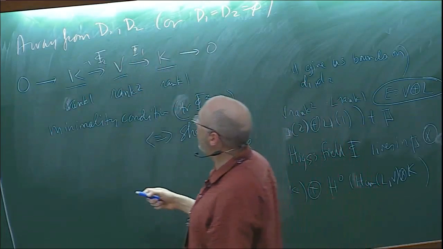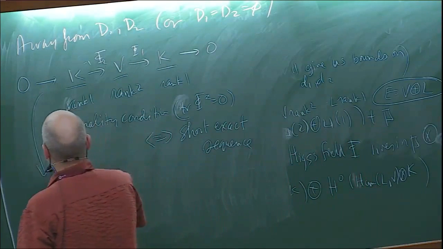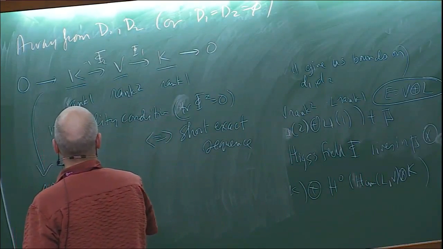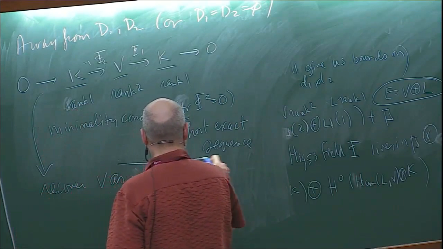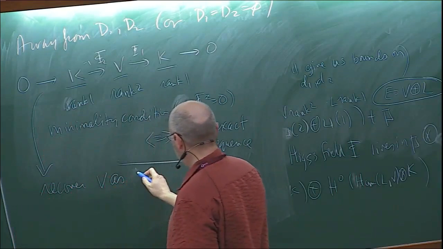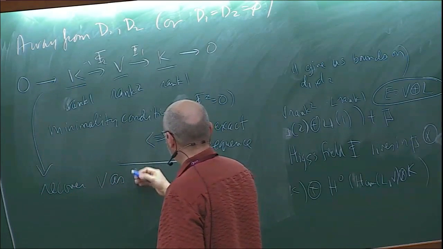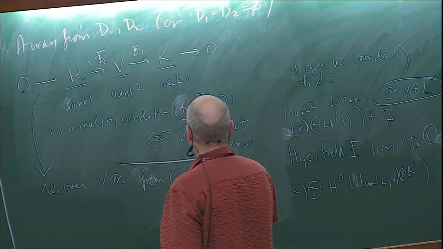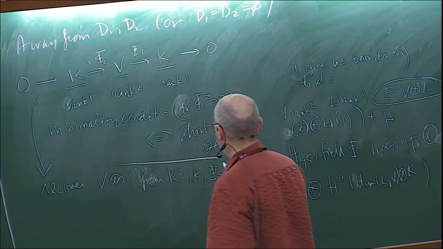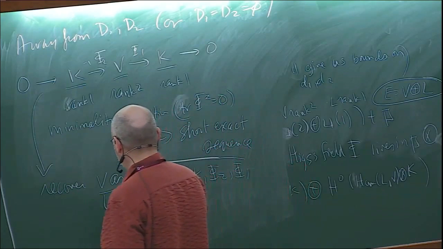And then therefore, we recover V from K inverse, K, phi2, and phi1, as a bundle extension.